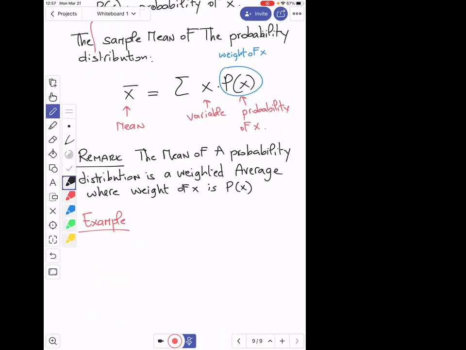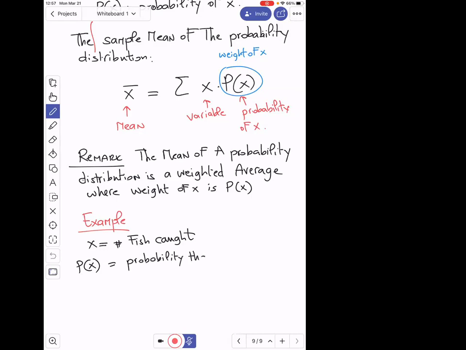So X here again, this is the number of fish caught, and the P of X, of course, that's the probability that a random fisherman catches X fish.